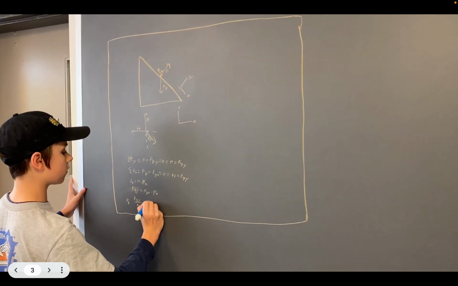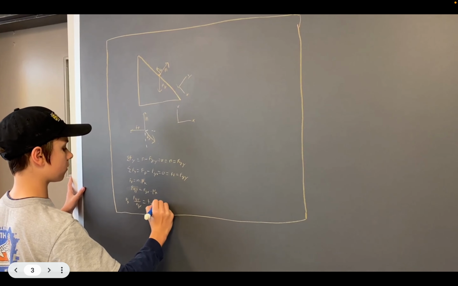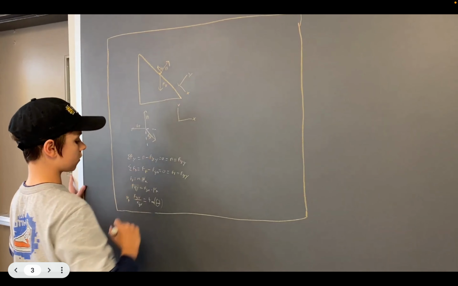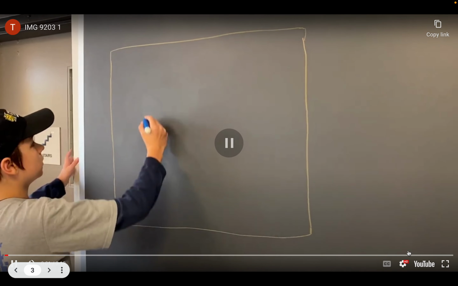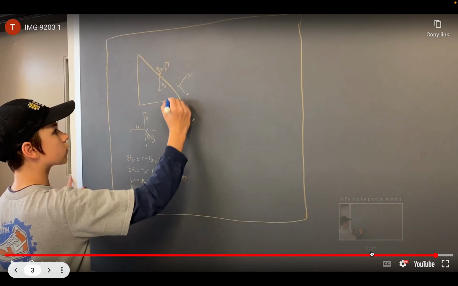And this, because it's broken down into vector sums, we're going to have tangent theta, because the components are sine of theta and cosine of theta, and they're both multiplied by mg because that's the force due to gravity.